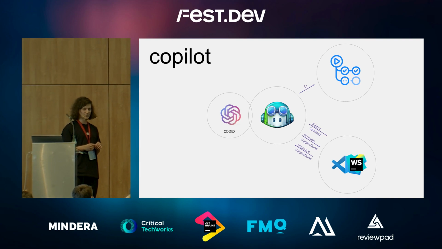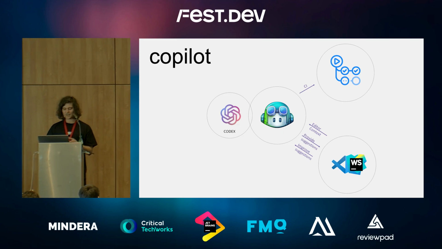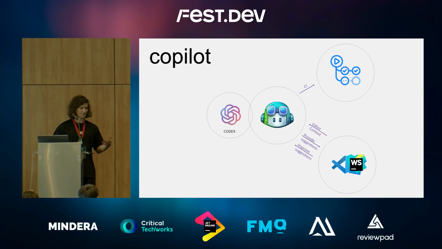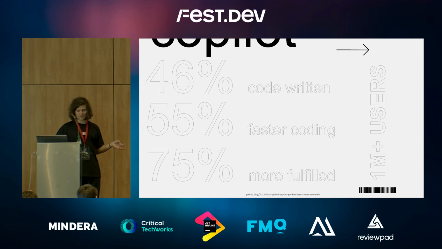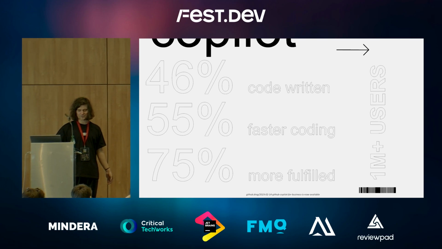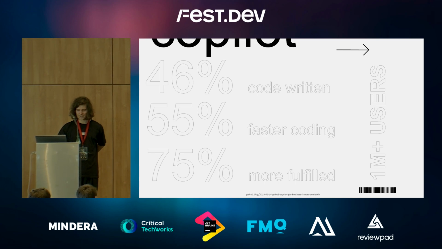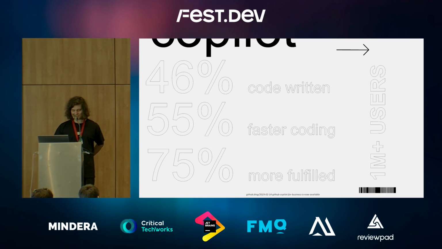GitHub has GitHub Actions, kind of its own CI tool, and it can also use your editor context and provide suggestions, and then improve suggestions in the future as a part of Copilot. So in general, some basic stats: 46% code written, 55% faster coding, and 75% more fulfilled.